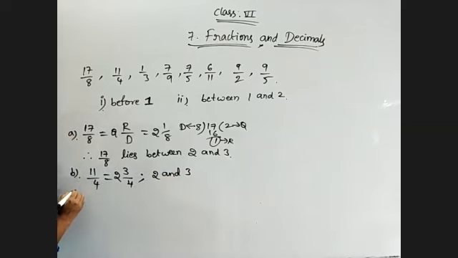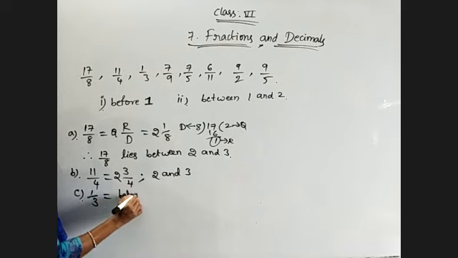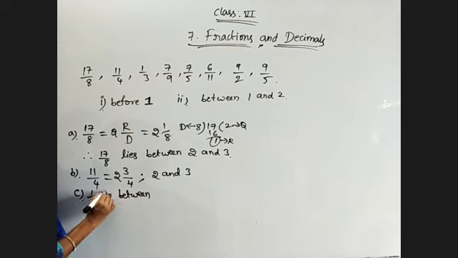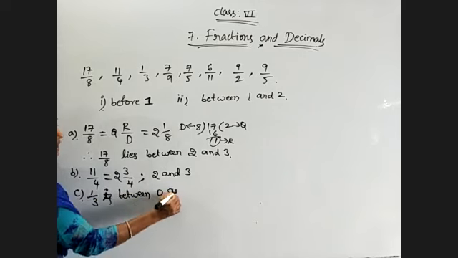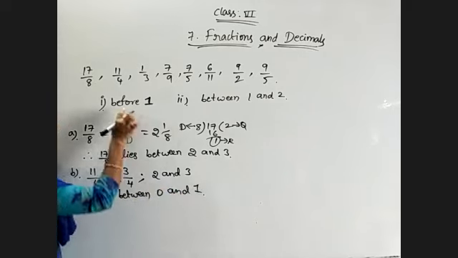Now coming to the next fraction, 1 by 3. 1 by 3 is a unit fraction, so it is a proper fraction. So it lies between 0 and 1. That means before 1.